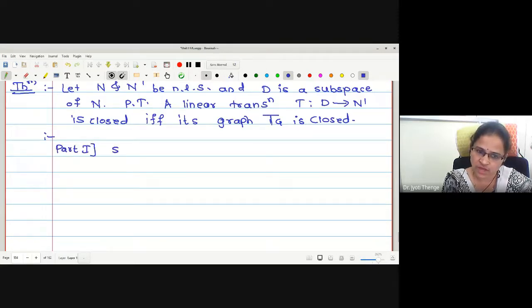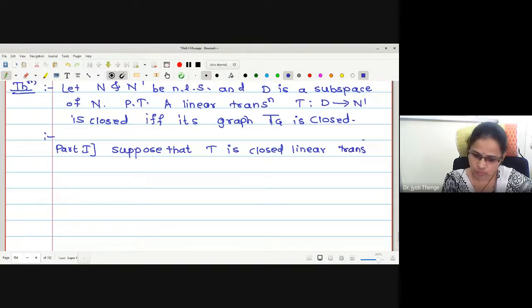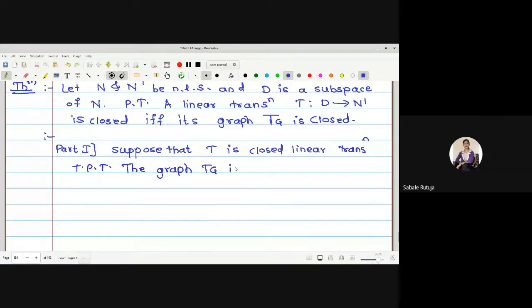Part 1: suppose that T is a closed linear transformation. What to prove? The graph TG is a closed set.